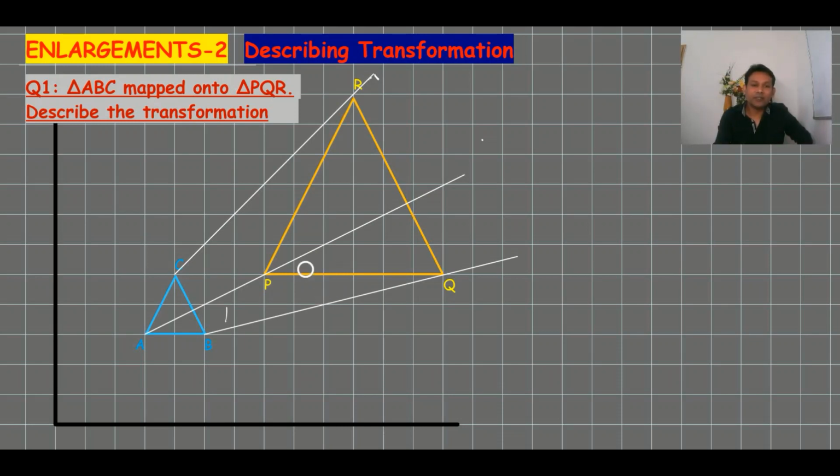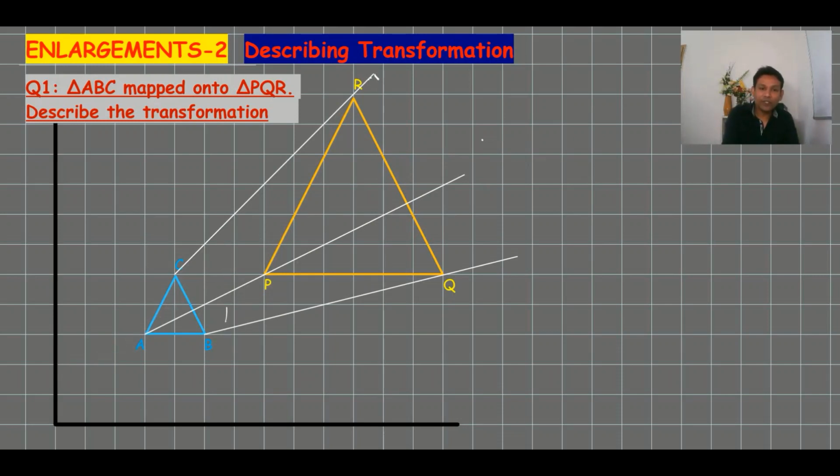What do you think about these three lines? When I extend them here, will they coincide? Will they merge at this point? No, these lines will not merge here. But when I look backward, yes, these three lines can merge.